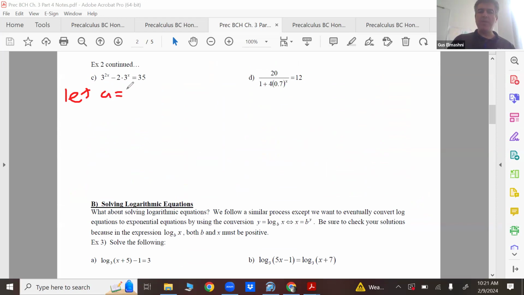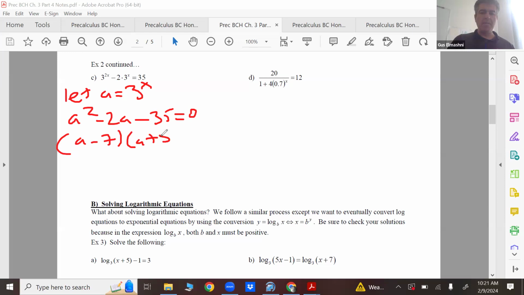Hey guys, treat part C like a quadratic. Maybe let an arbitrary letter like A equal 3 to the x. That might work.